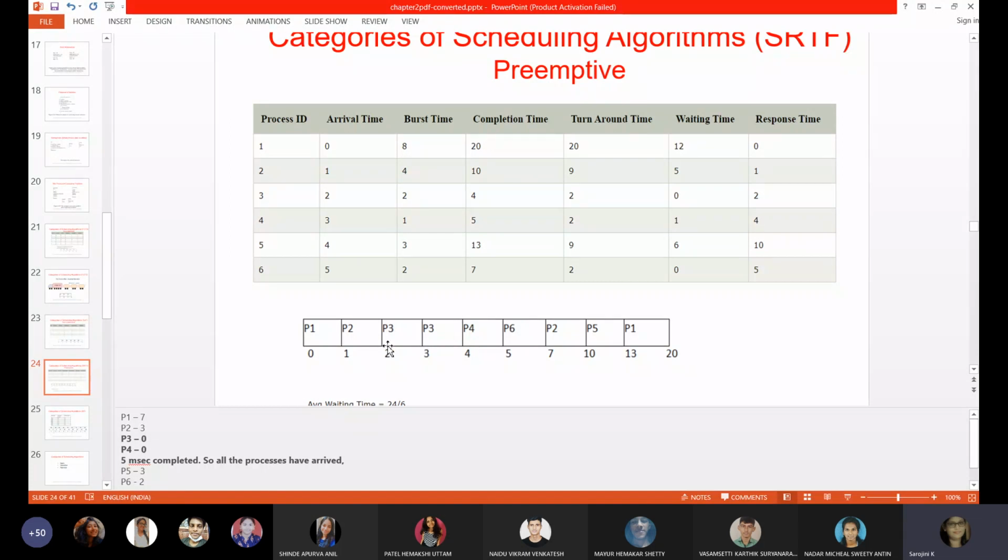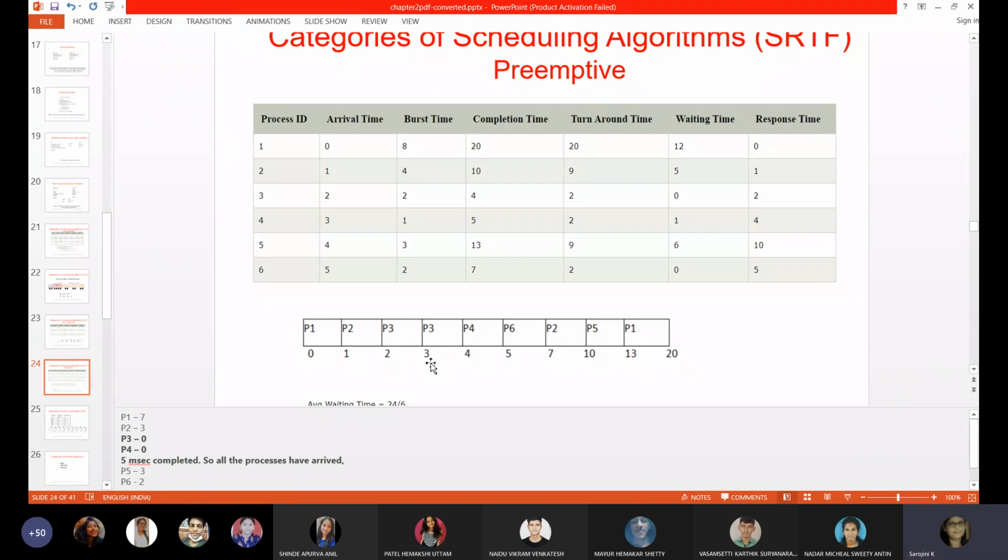Now P3 has completed 1 millisecond, so 1 more millisecond is there for P3. When the system completes 3 milliseconds, P3 has completed only its 1 millisecond.